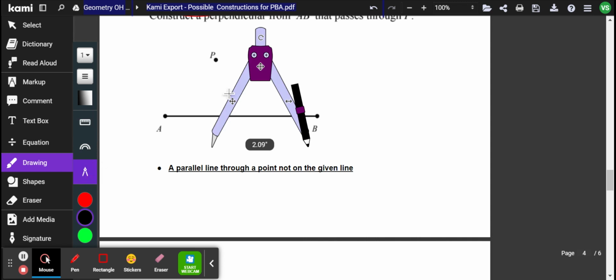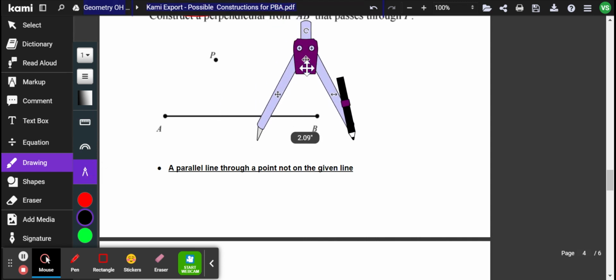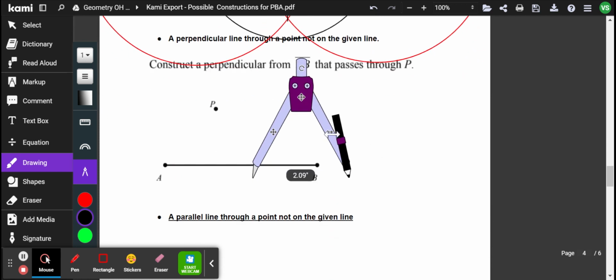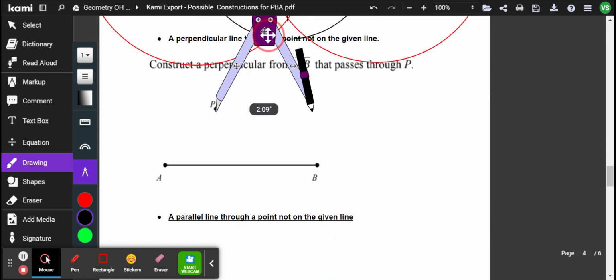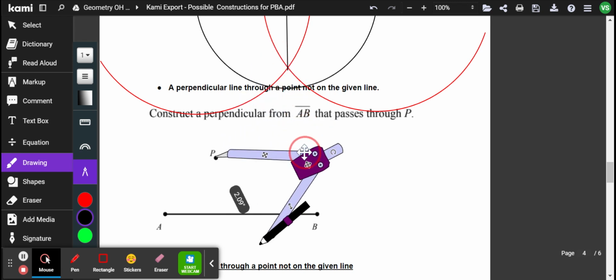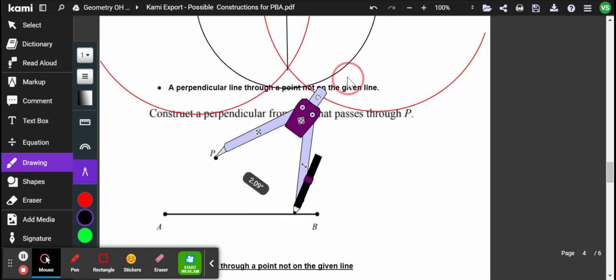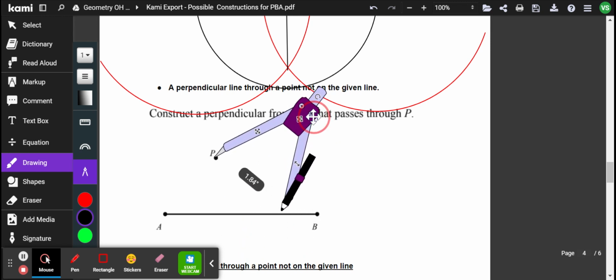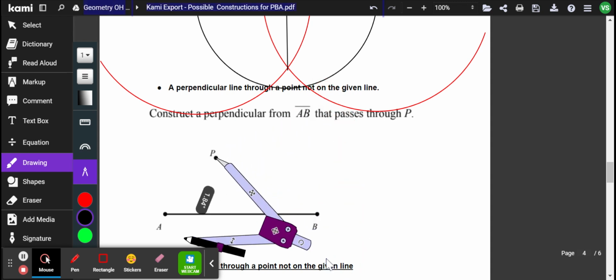So the first thing you need to do is to take your compass up here, right? This is important because these are some of the constructions we're using. We're trying to measure 2 points on this line that are equidistant from that. I might have to close this a little bit because I have to make sure that it cuts this line twice.